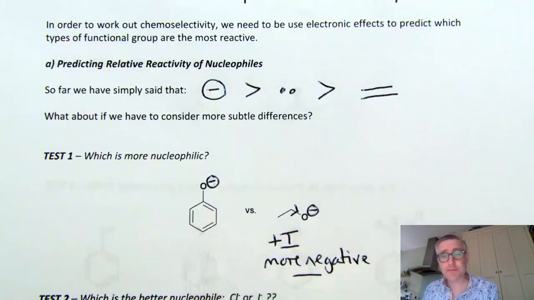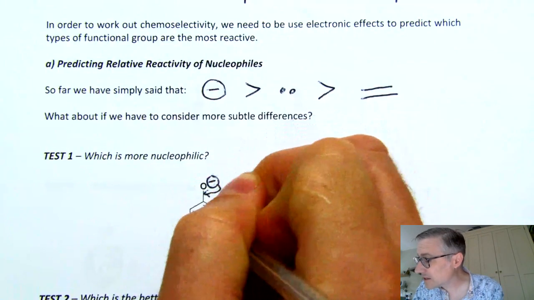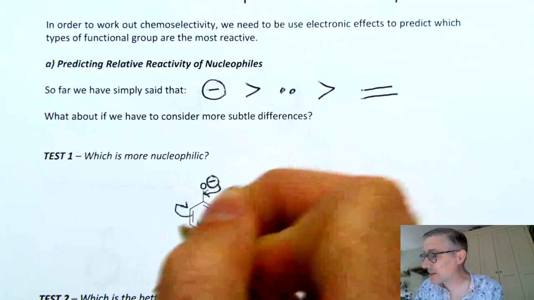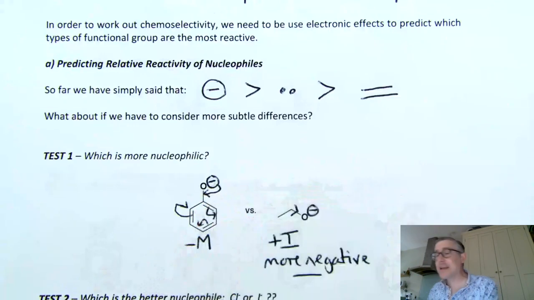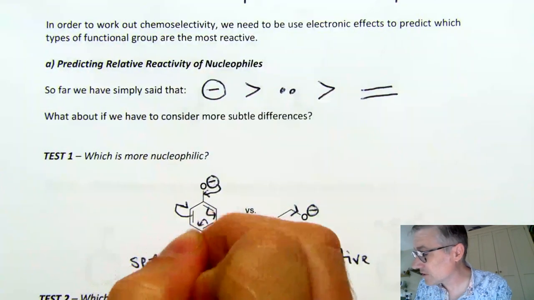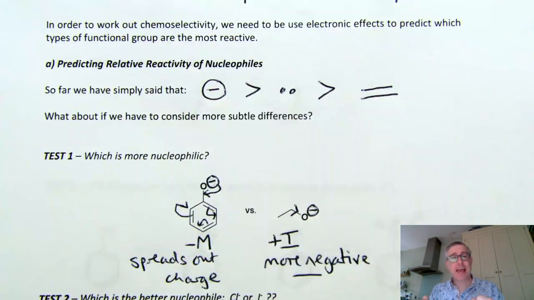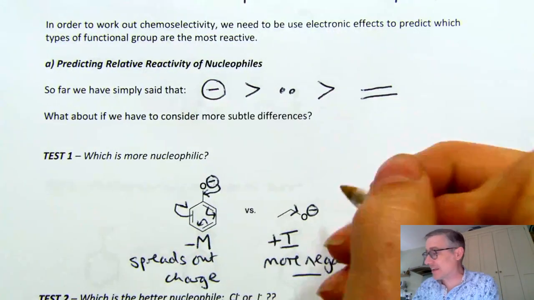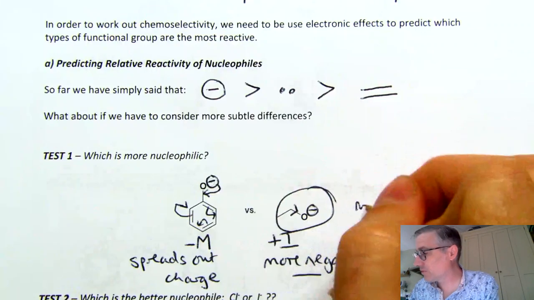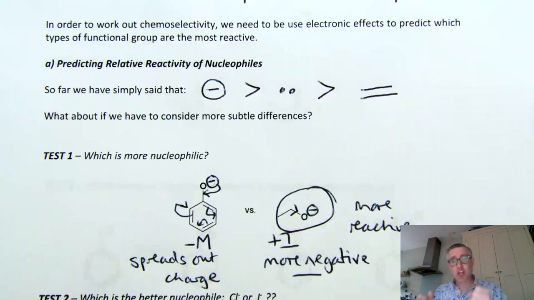The one on the left, that negative charge is delocalized into the aromatic ring, which is having a minus M effect, spreading out the charge. So it's less negative, it's less available to attack. So this one is the more reactive one because it has the charge build up ready to attack. So that one's quite straightforward.